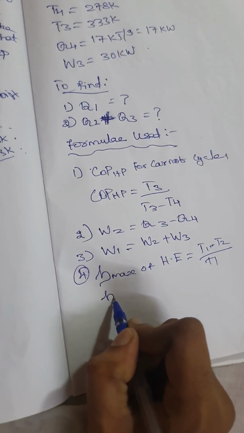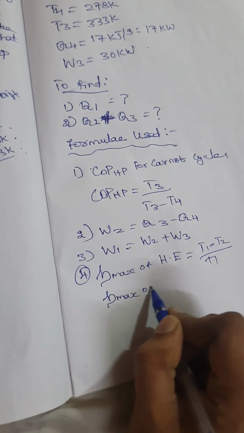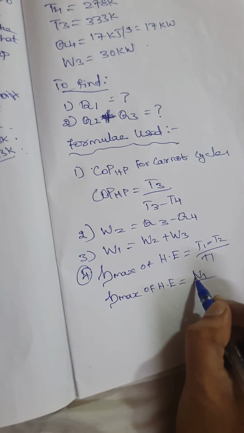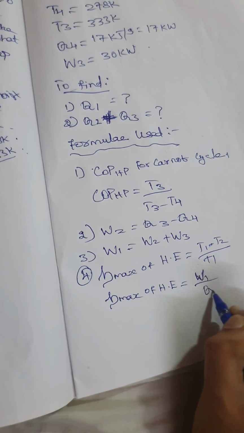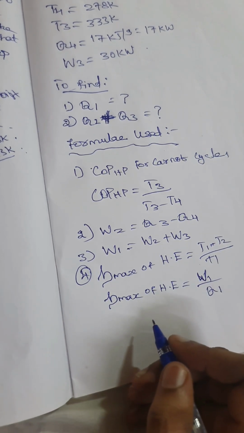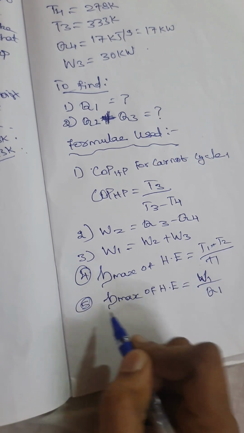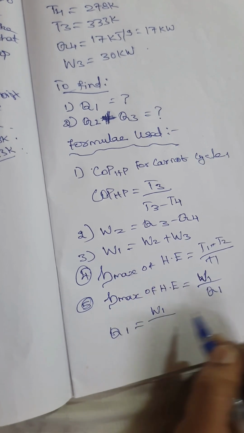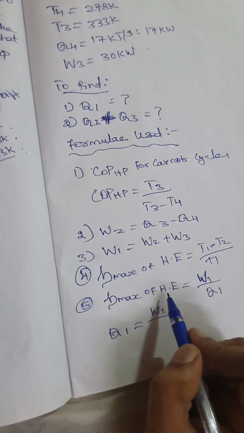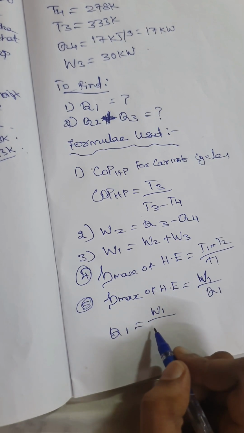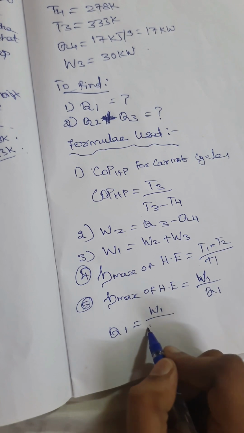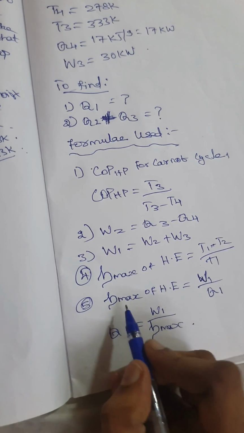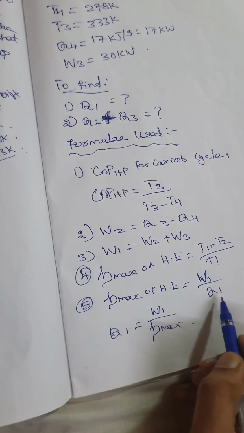Here the maximum efficiency of heat engine can also be written as W1 by Q1. Therefore it can be rewritten as Q1 is equal to W1 divided by the maximum efficiency.